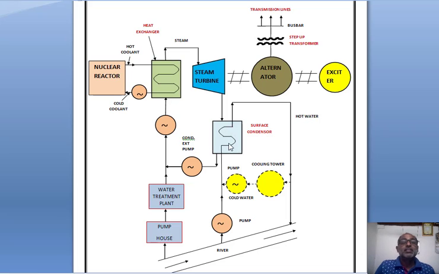It takes heat from the steam. So the hot water comes out from this surface condenser. If a sufficient amount of water is available throughout the year in the river, this hot water is discharged into the river.